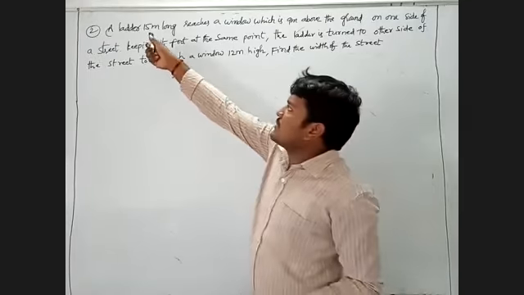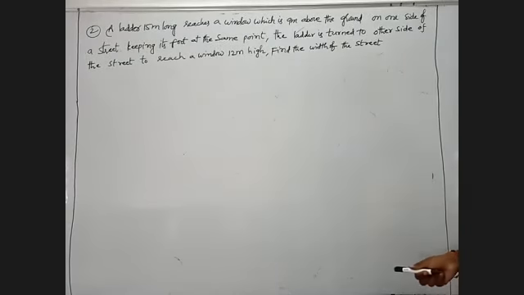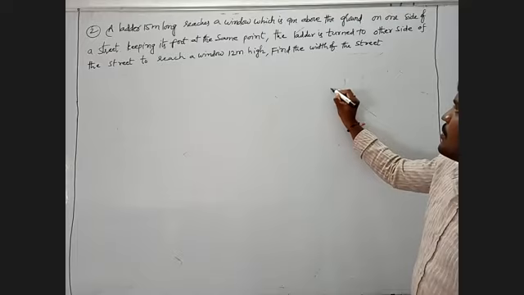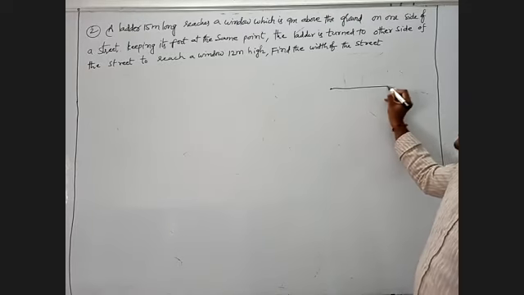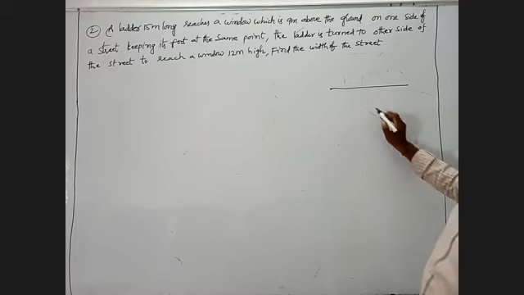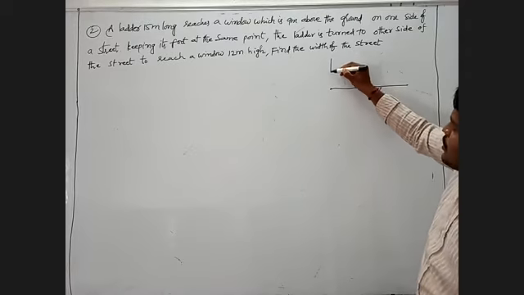A ladder is 15 meters long, reaches a window which is 9 meters above. This is the given street path. Ground nunchi 9 meters above lo window undanda.